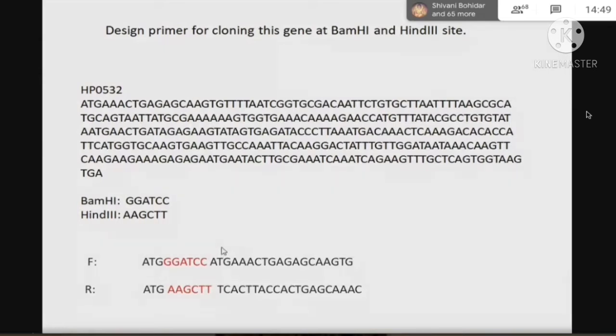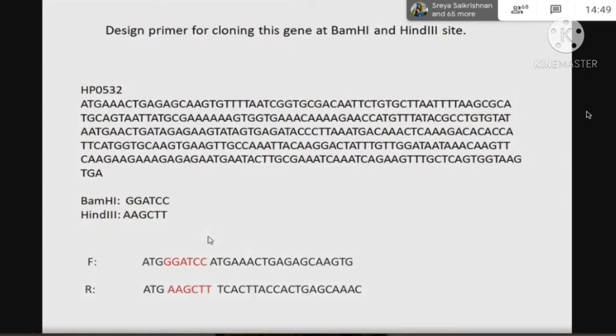So, an actual PCR primer has 3 parts. One is complementary to the gene. The second part is the restriction enzyme site, and the third part is the seating site, where the restriction enzyme will sit and cut it.